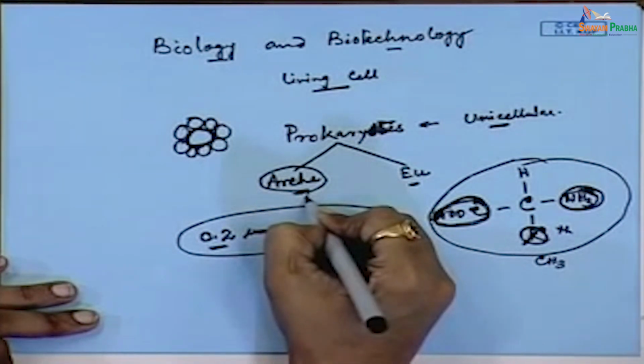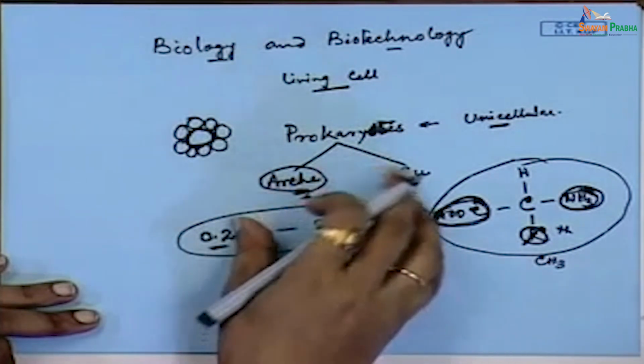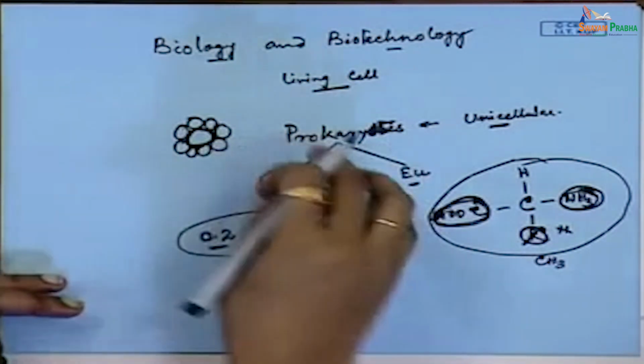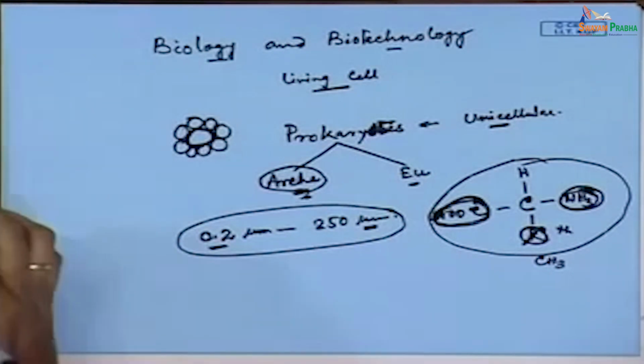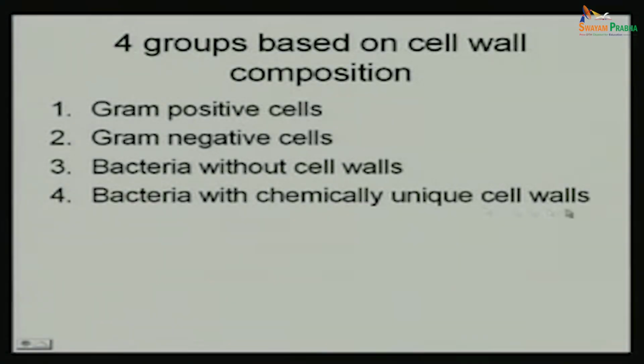These are very primitive bacteria, and they have certain changes in cell wall composition, and that is the reason we call it the unique cell wall of this group of bacteria. And some bacteria do not have any cell wall at all; Mycoplasma is one example of that group.